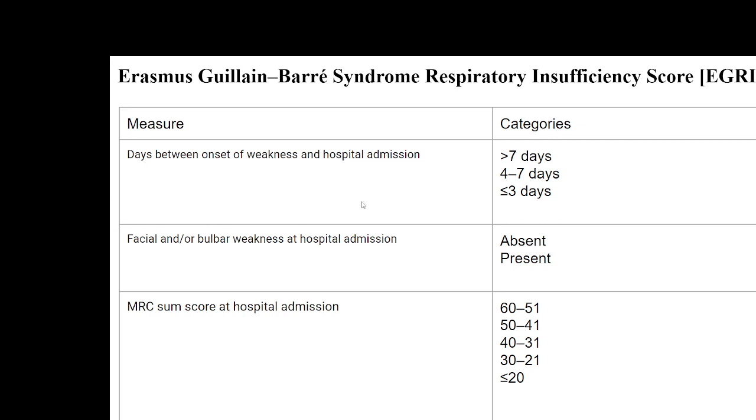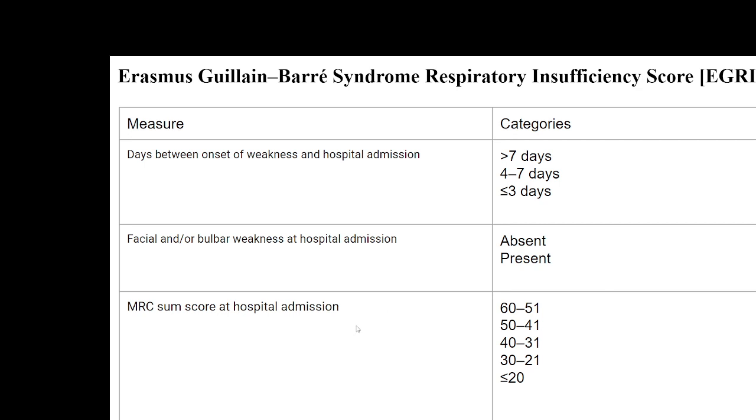If the patient has come to the hospital early, within 3 days, that means a higher score. If the course of the disease is slower and the patient has come after about 7 days, then the score is lesser. If the patient has facial or bulbar weakness, then the score is 1.